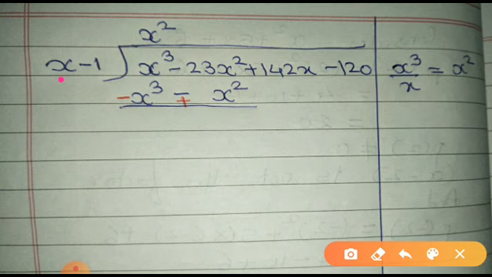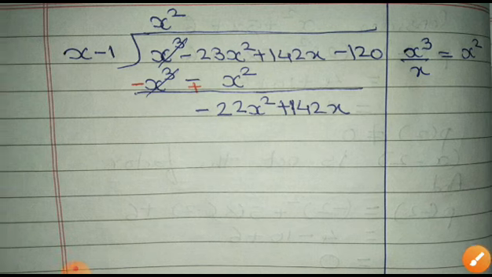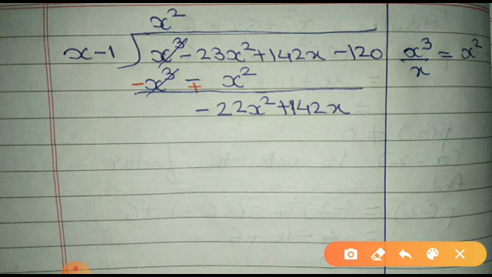Next, just change the sign. After changing the sign, x cube minus x cube will get cancelled. Minus 23x square plus x square, I'll be getting minus 22x square.